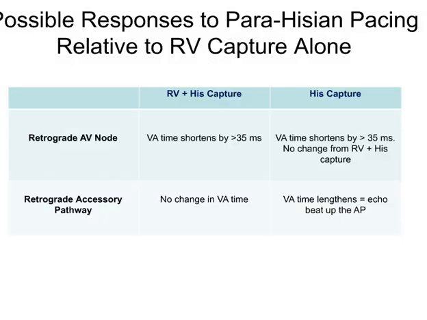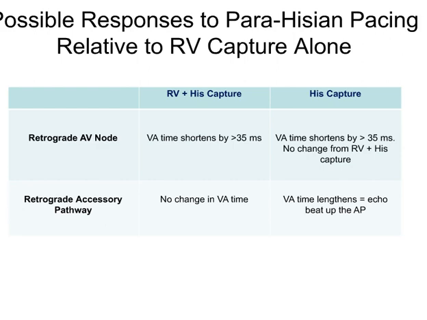Here, we look at the possible responses to parahissian pacing relative to RV capture alone. If you have AV nodal conduction only, then if we capture the His bundle, we provide a shortcut to get through the AV node. So the VA time usually shortens by more than 35 milliseconds. We're capturing the RV, then we suddenly capture the His.